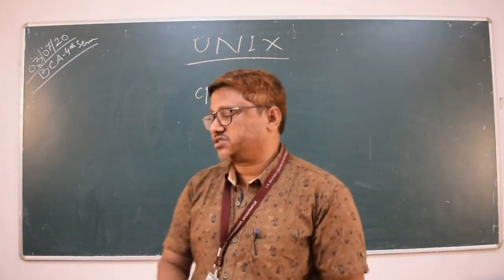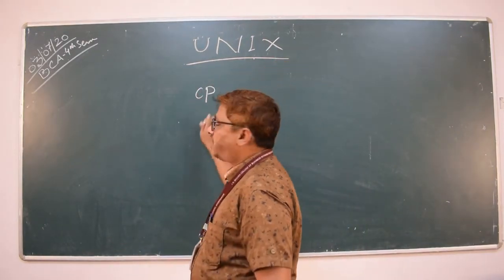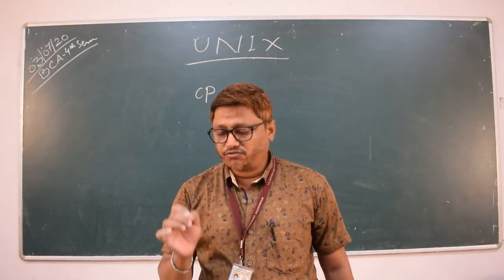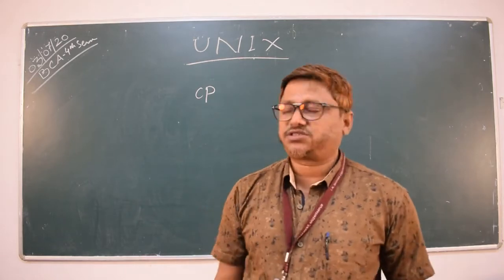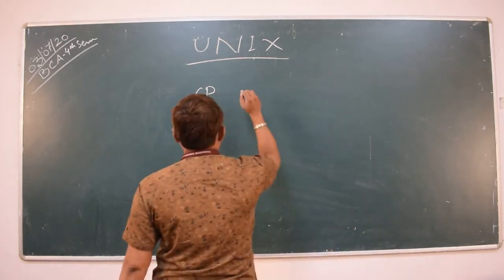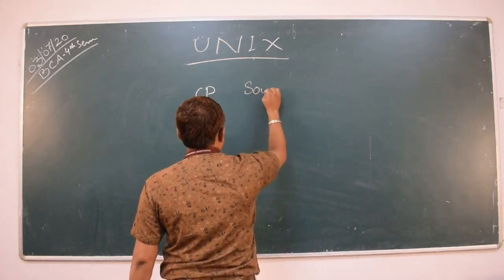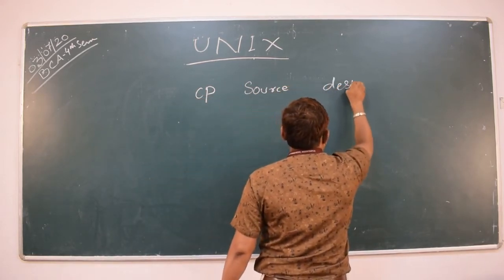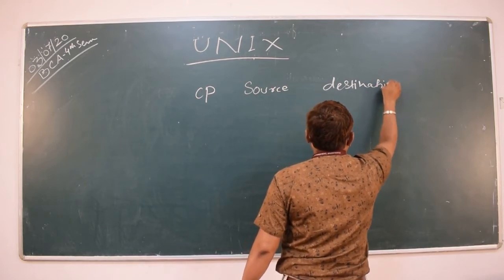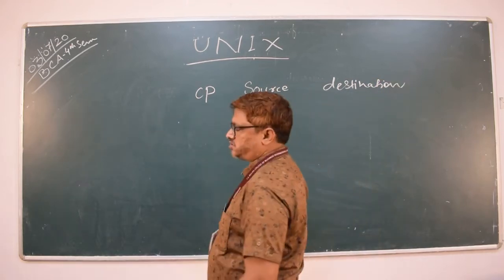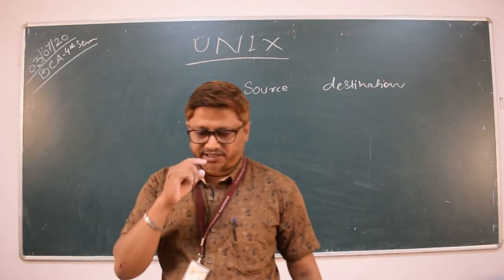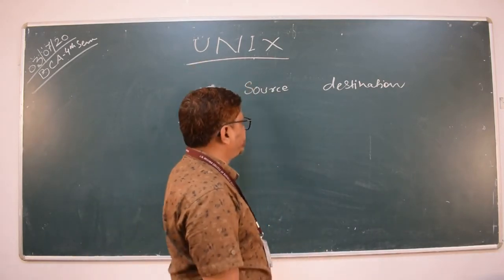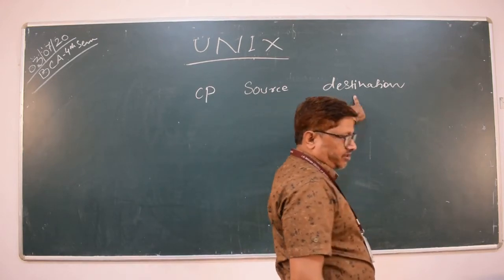Here in Unix, CP is the command used to copy a file from one place to another place. The syntax is cp, source, space, destination. Source is the first place, where the original file exists, and the file is copied to the place of destination.